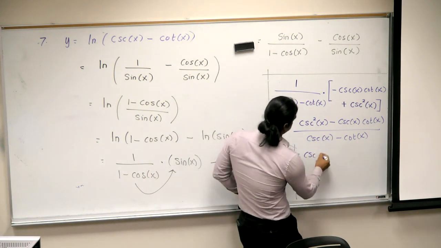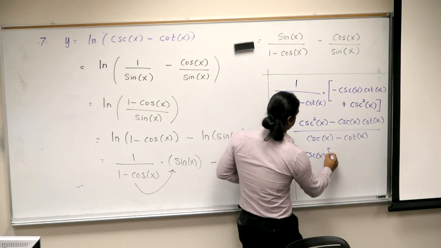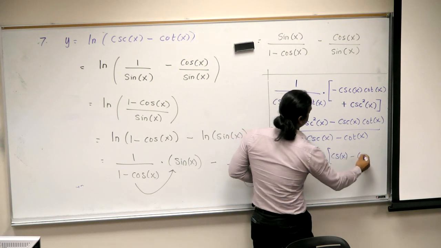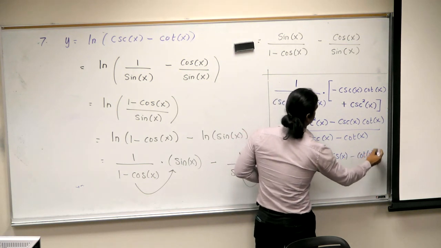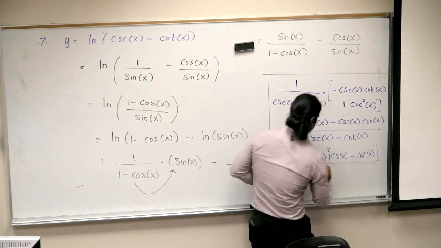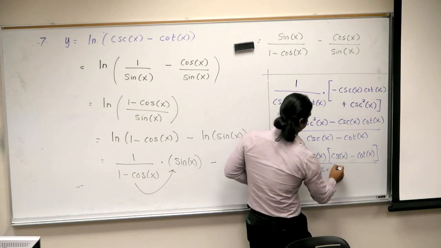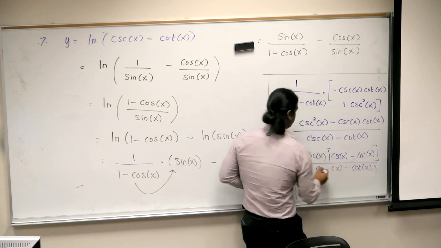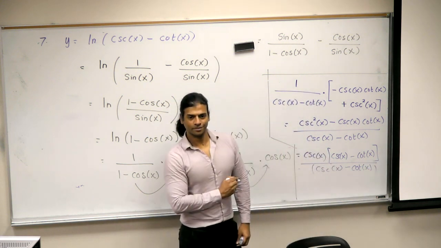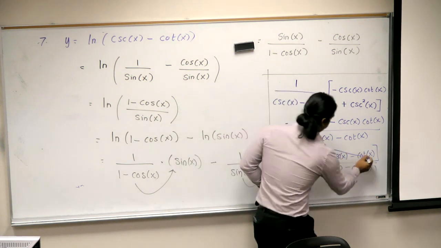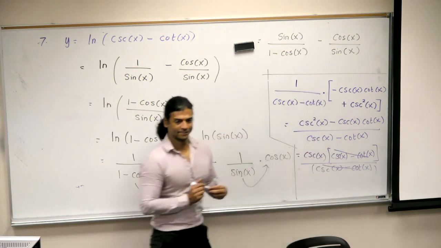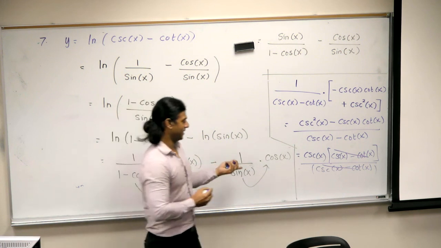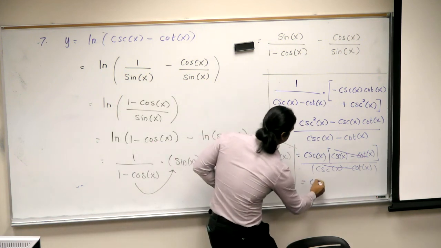So if I pull the cosecant out, I have cosecant x minus cotangent x over cosecant x minus cotangent x. Correct. Those two will get cancelled. So what is the answer? It would be cosecant x.